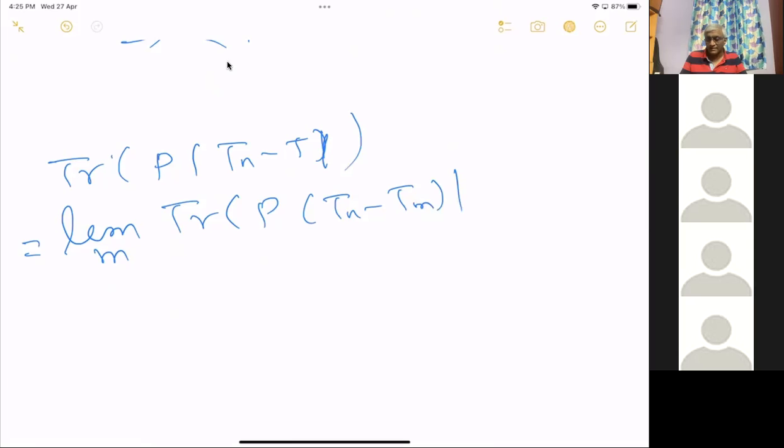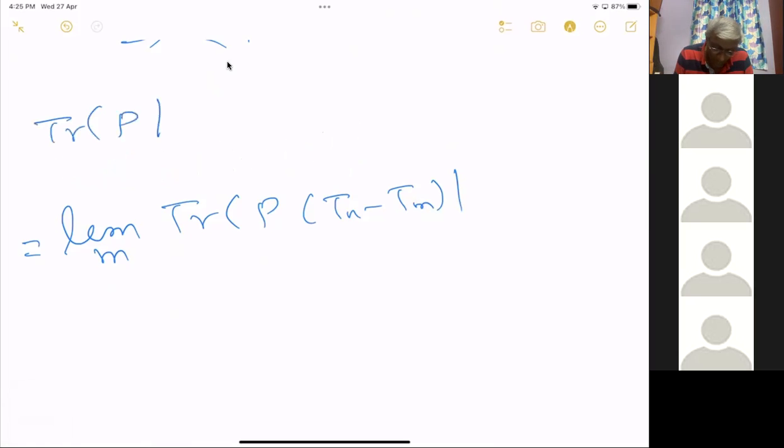Is it okay? The first line is P times |Tn - T| or normal? Let me write it clearly. This is what we are talking about: P|Tn - T|. We want to say that the trace of |Tn - T| goes to 0. But then that's an infinite summation.